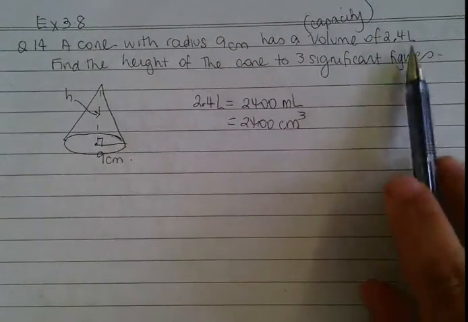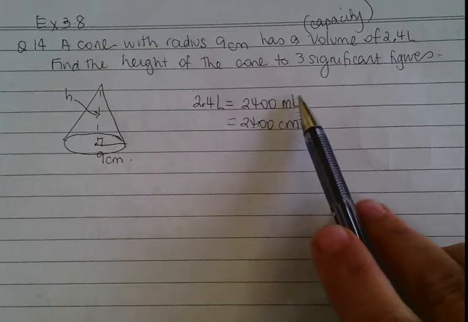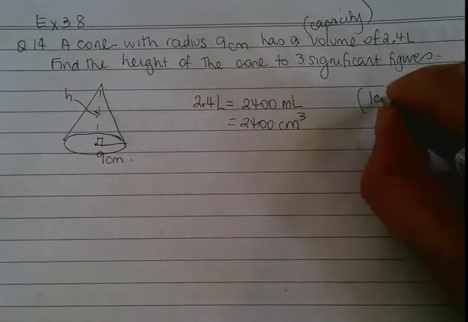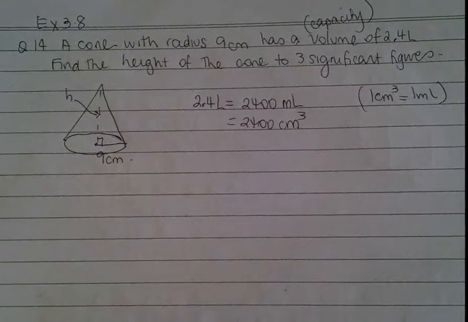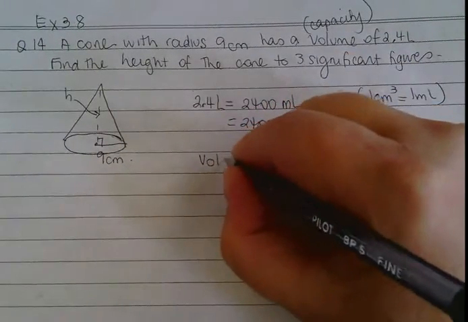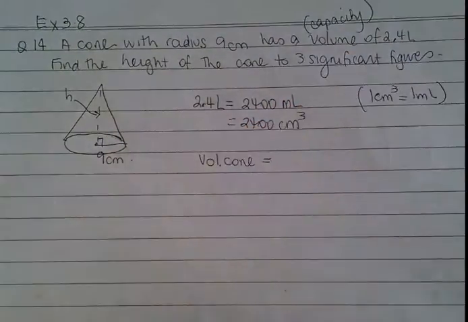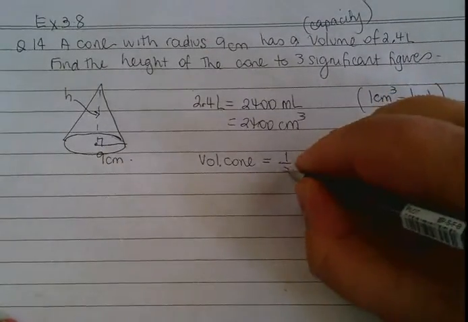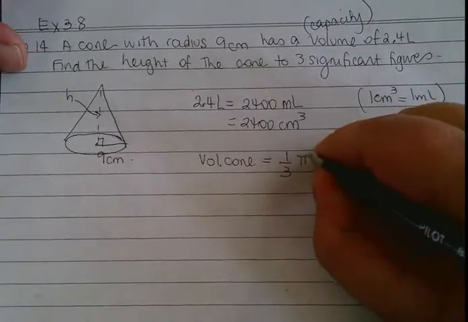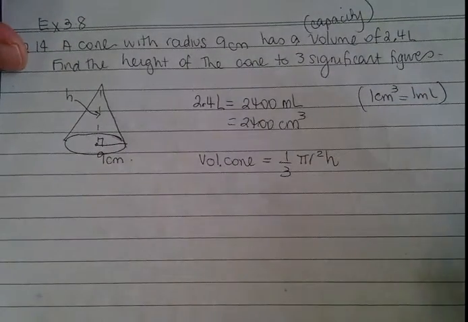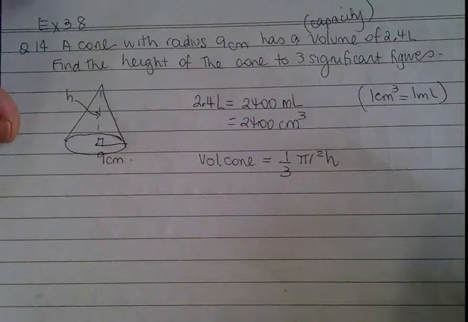If the capacity is 2.4 liters, you need to convert it to mils, because don't we know that 1 centimeter cubed is 1 mil? And off we go. Now they're talking about volume and a cone, so let's write down the volume of a cone formula. 1/3 pi r squared h: 1/3 the area of the base, which is a circle, times the height.